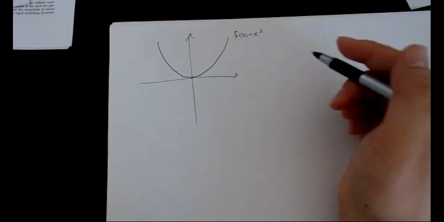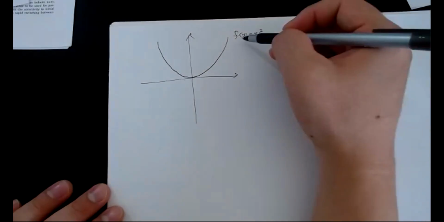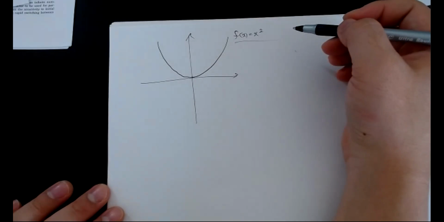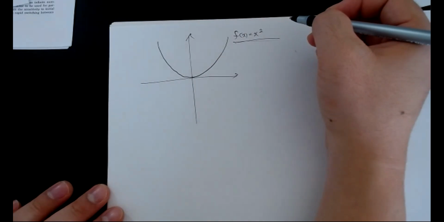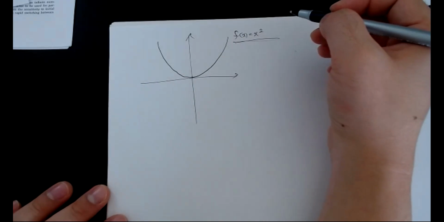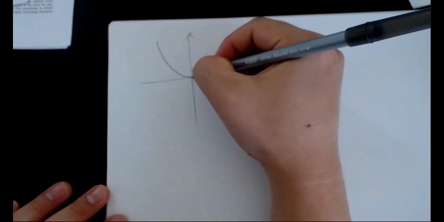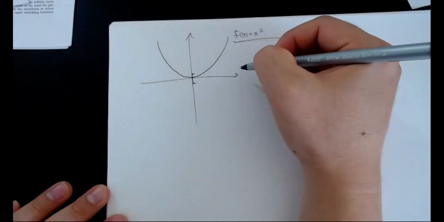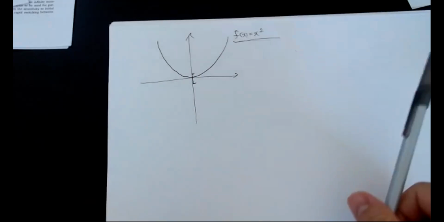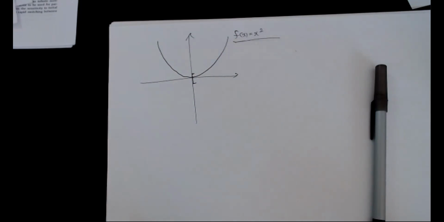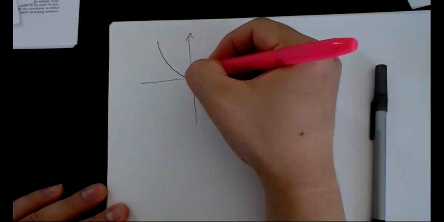It turns out that this function doesn't have an inverse function because it is not one-to-one. But we can make this one-to-one. How? We just restrict the domain to 0 to infinity, okay? So we only consider this side of the function.